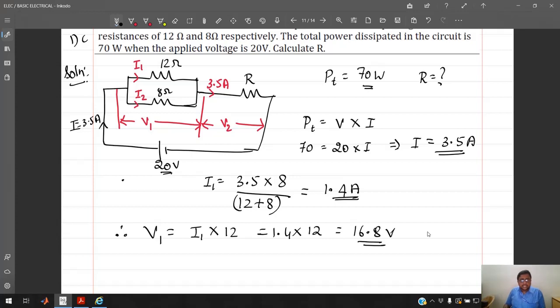Once I get the voltage drop here as 16.8, the same voltage drop will be across the 8 ohm because 8 and 12 are connected in parallel. Now the voltage drop V2 will be equal to 20 minus V1. So this will be equal to 3.2 volts if you substitute V1 as 16.8 volts.